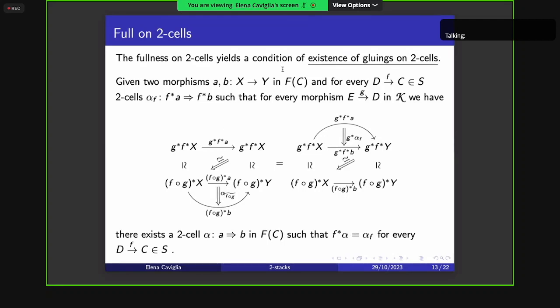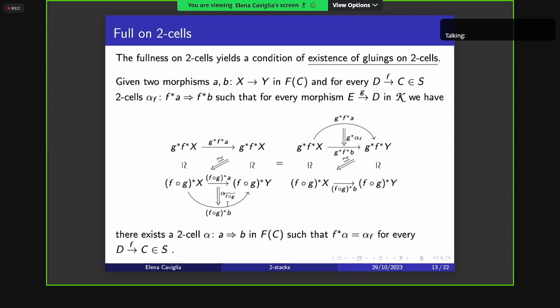And this will give us a condition of existence of gluings on 2-cells. So the data that we have here is a perturbation, and this perturbation gives us some 2-cells, alpha F, from F star of A to F star of B, where A and B are morphisms in F of C. And these 2-cells are compatible in the sense that the descent along G of alpha F is alpha of F composed G tilde.